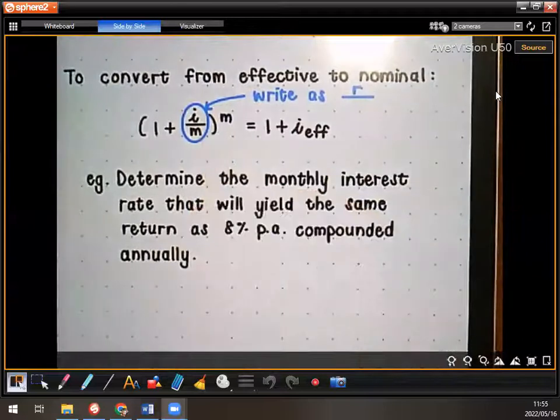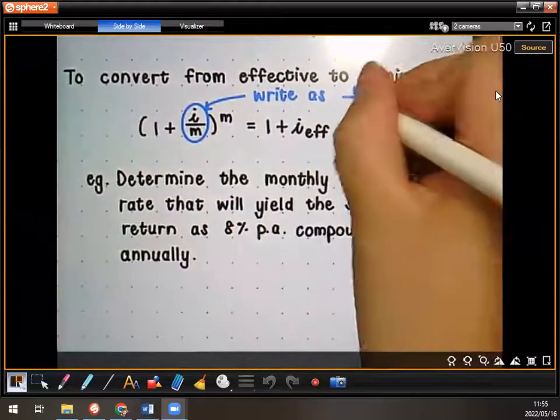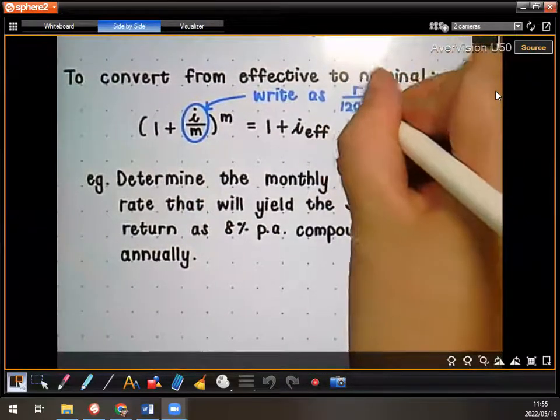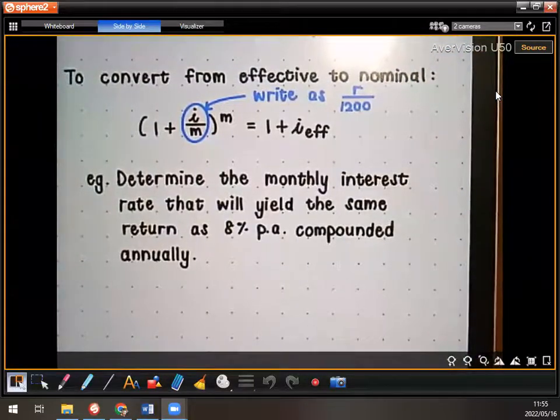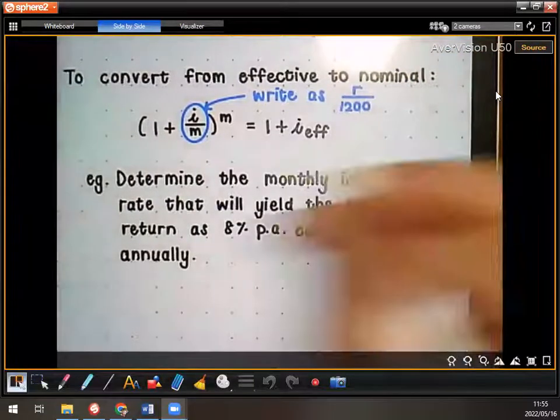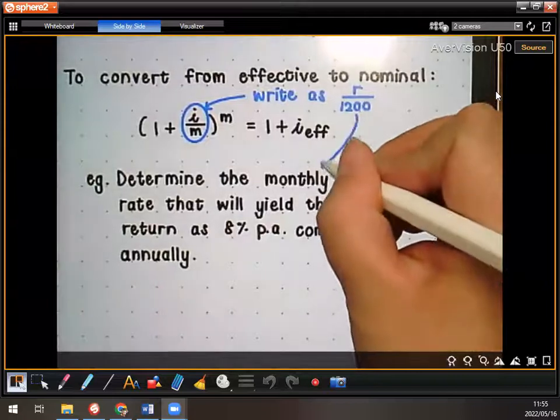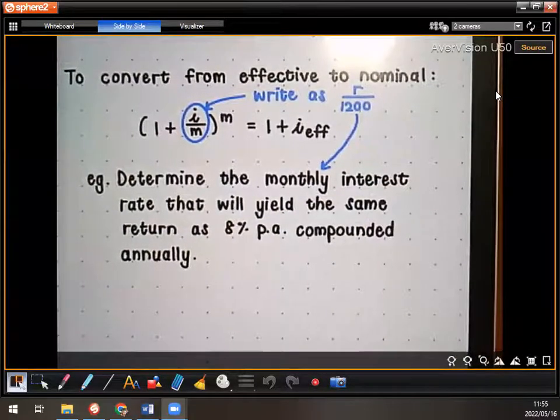So instead of keeping i over n, I'm actually going to write that as R over 1,200. That makes the calculations much easier. The 1,200 is coming from that monthly. If they were asking for a quarterly interest rate, I would write that as R over 400.